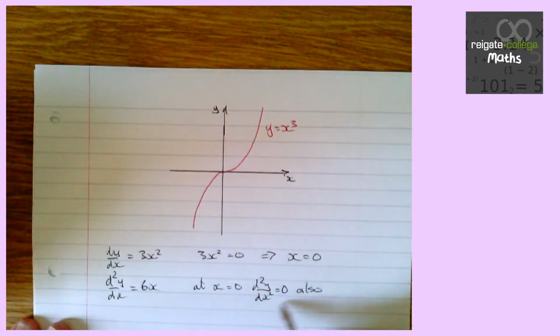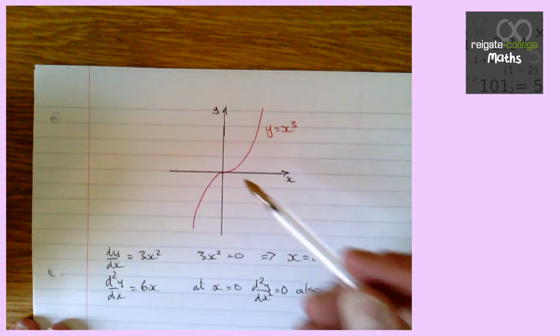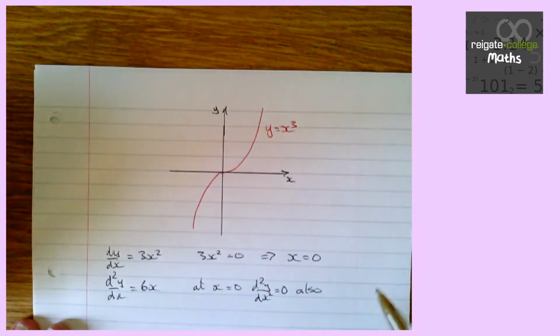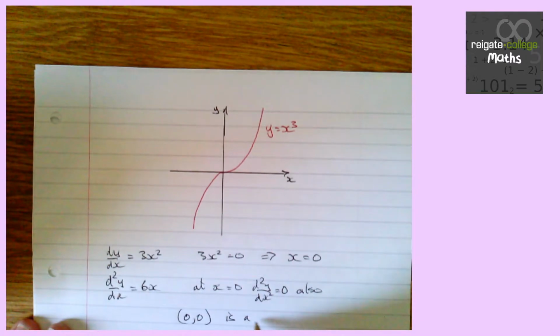Now that doesn't tell us anything. So this point could now be a maximum, a minimum, or a point of inflection. In fact, it's a point of inflection, a stationary point of inflection. The point 0, 0 is a stationary point of inflection.